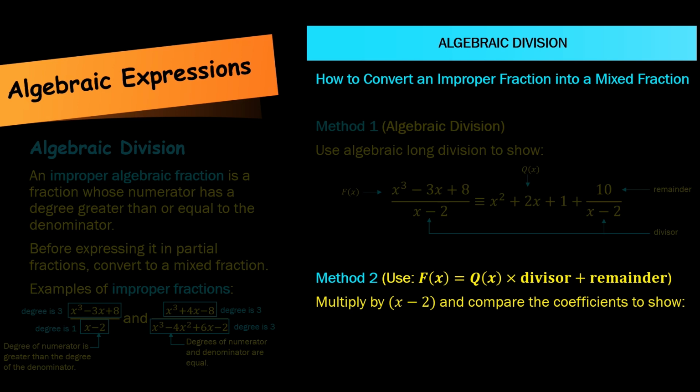Here, we would multiply by x minus 2 and compare the coefficients in order to show the identity that you can see on your screen now. Here's f of x, here's the quotient q of x, here's the divisor, and here's the remainder.